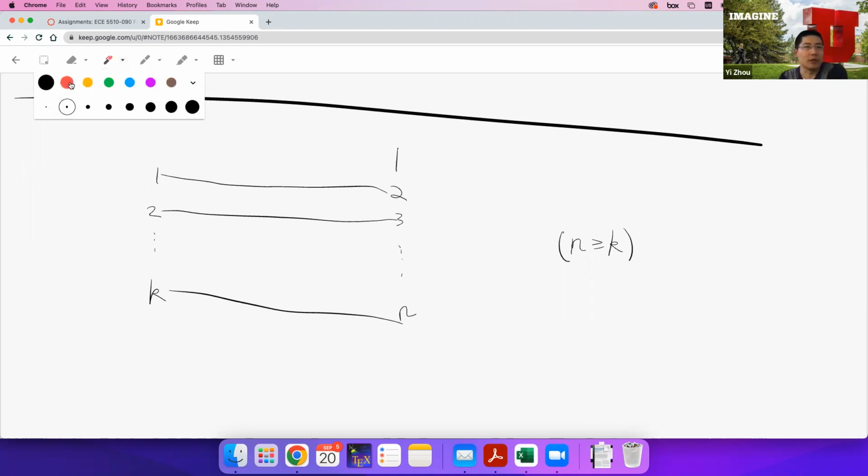So for example, this is not allowed. You cannot assign 2 to 2 because otherwise these two will share the same outcome. This is not allowed. You can only have distinct values for distinct inputs of the function.